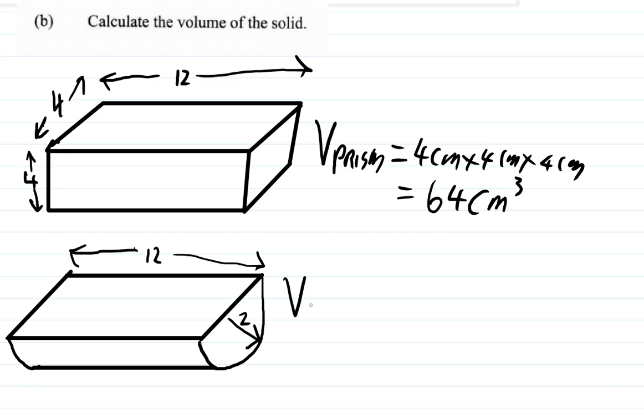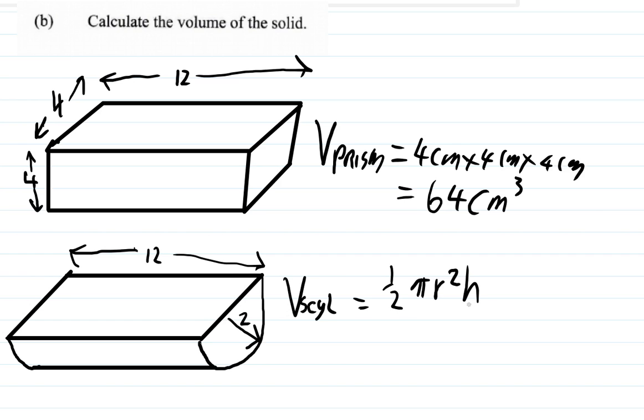The volume of the semicircle cylinder, call it the semi-cylinder. Remember the formula for a cylinder is pi r squared h. But this is half of a cylinder.